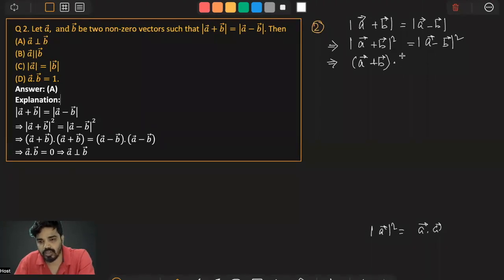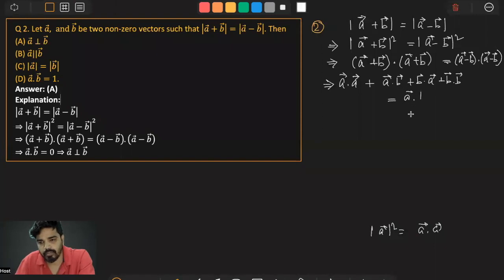So modulus A plus B square is A plus B dot A plus B, which equals A dot A plus A dot B plus B dot A plus B dot B. That is equal to A minus B dot A minus B, that means A dot A minus A dot B minus B dot A plus B dot B.